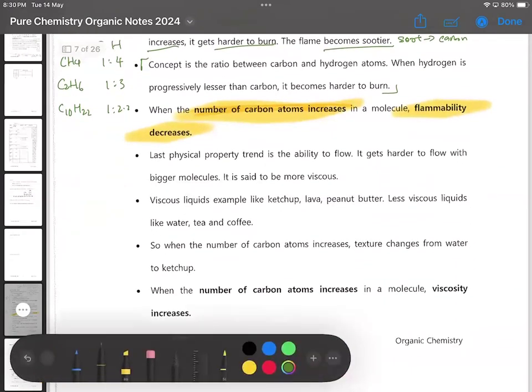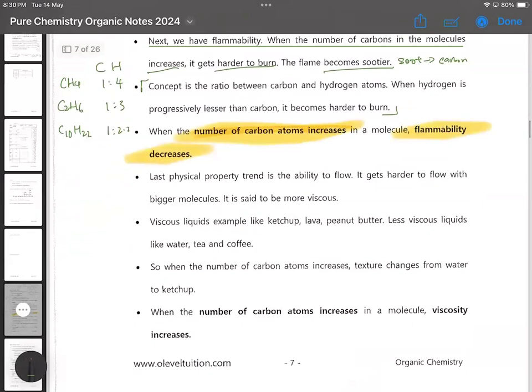Okay, the last trend that we have is viscosity, the ability to flow. Harder to flow with bigger molecules, more viscous. Examples of things that are very viscous are ketchup, lava, peanut butter, they don't flow well. Less viscous are water, tea, coffee, and so on. That's the general idea of what viscosity is. As the number of carbon atoms increases, the liquid texture changes from flowing well like water to eventually like ketchup.